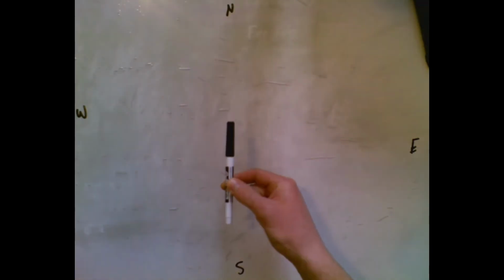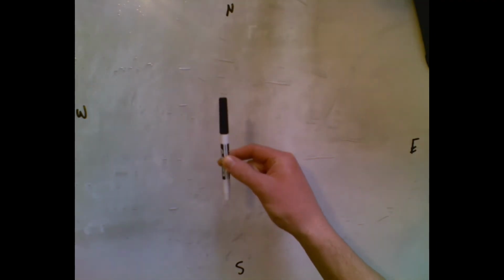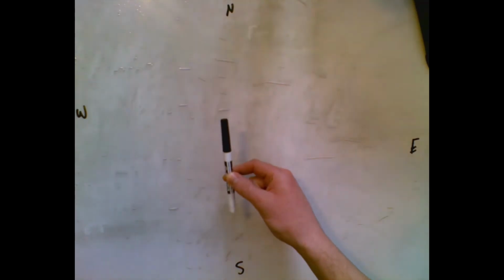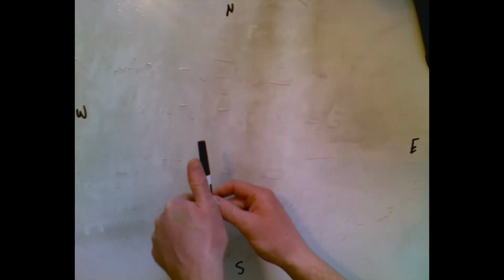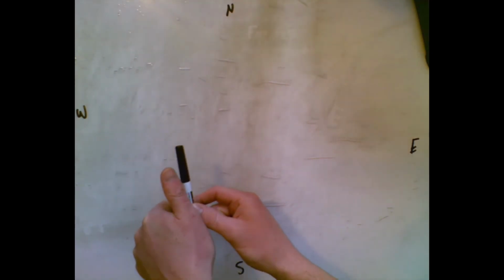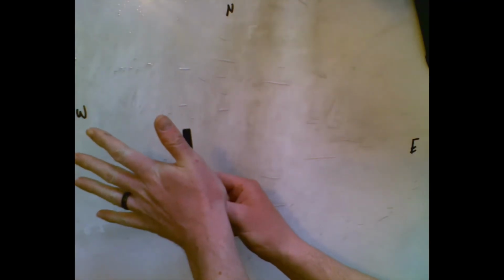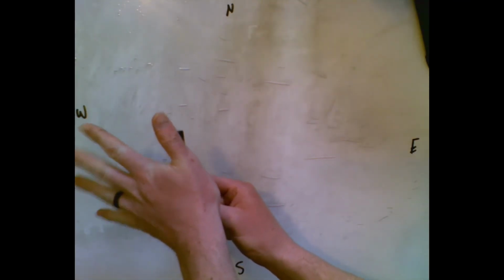So just like in the diagram, my current is going this way. It's going this north section here. So my thumb is going to point that way. And then what I want to do is I want to make my fingers go in the direction of the magnetic field.